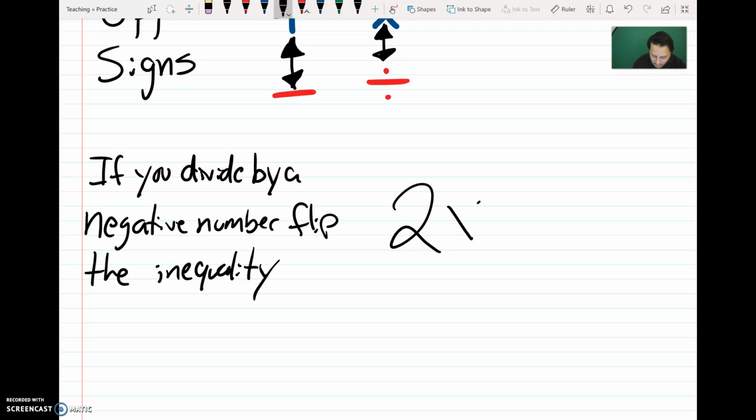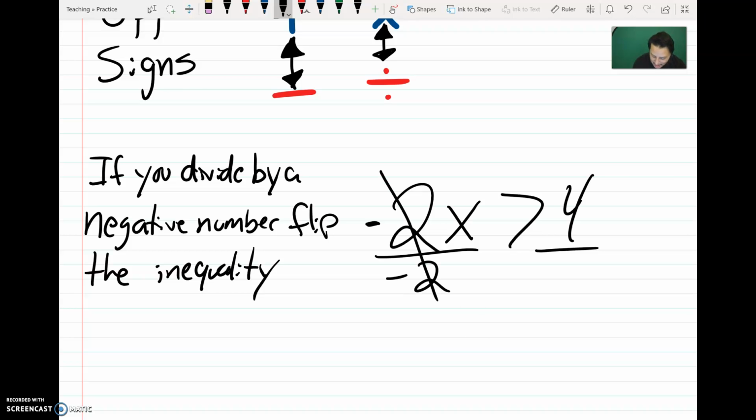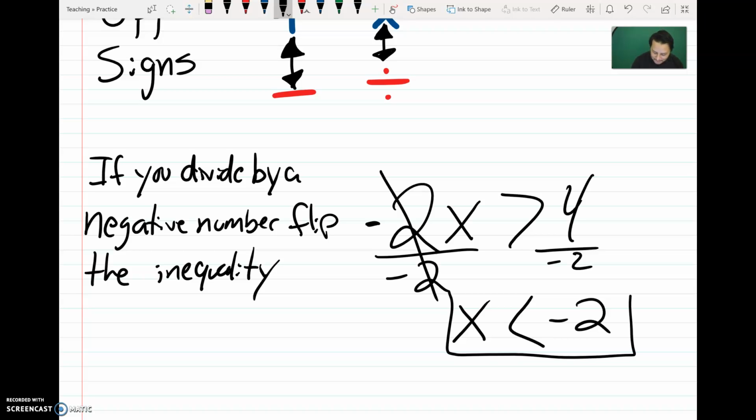Well, if I have 2x is greater than, let's say 4, let's make that negative, right? If I divide by that negative 2 on both sides, I'm left with x is, let's do that. Sorry, brain freeze. 4 divided by negative 2 is negative 2, but I have to flip the inequality symbol. Okay? And that's that, literally that.